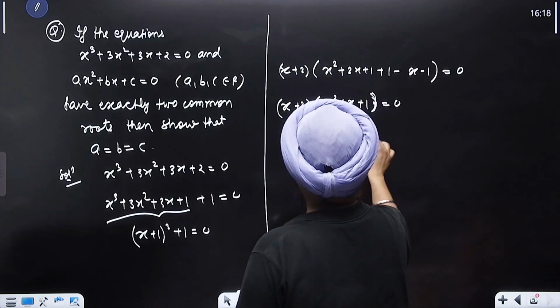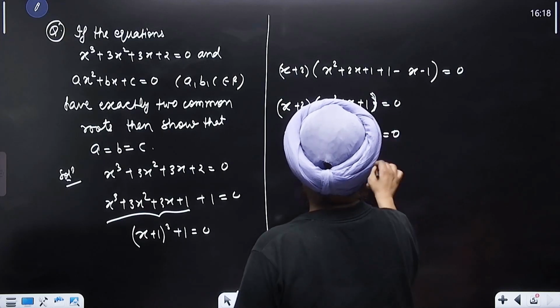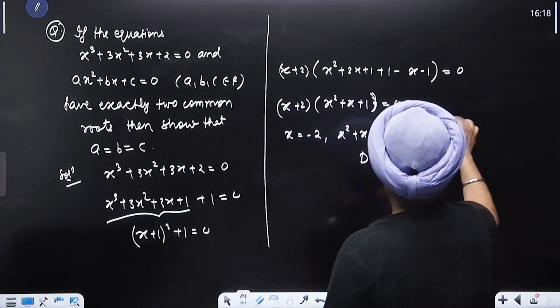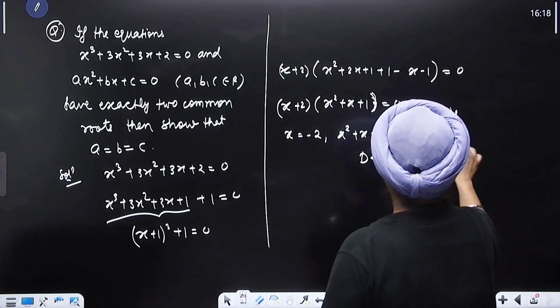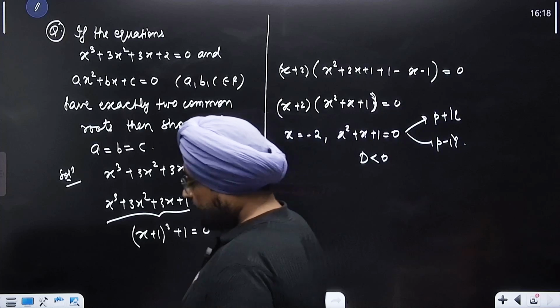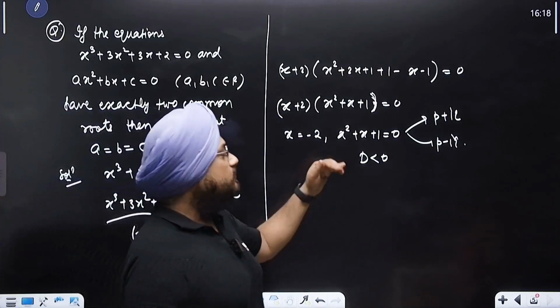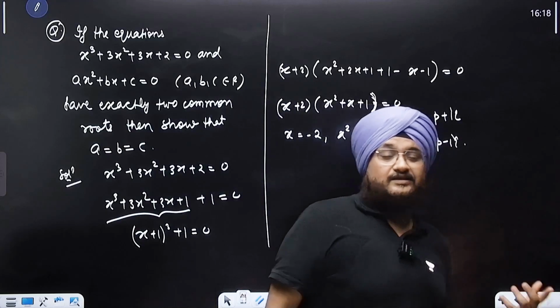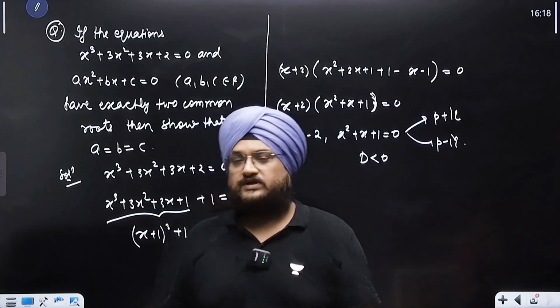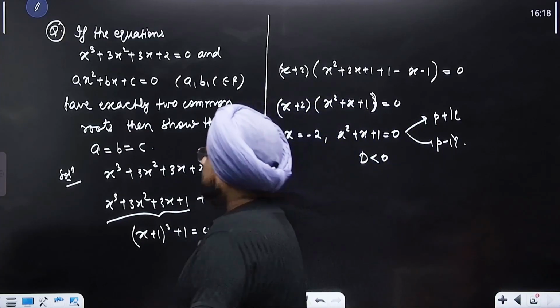x square plus x plus 1: the discriminant is less than 0, so this equation will have non-real roots. So the cubic equation has 3 roots, one is real, minus 2, and two are non-real, which will occur in the pair p plus iq, p minus iq.